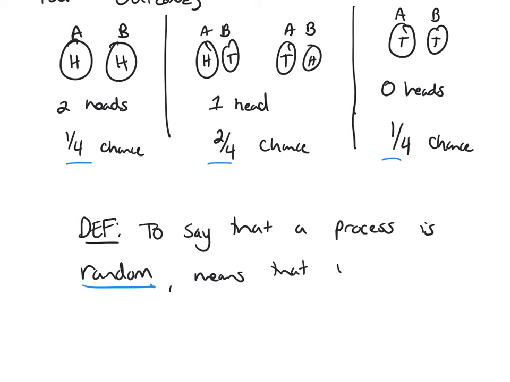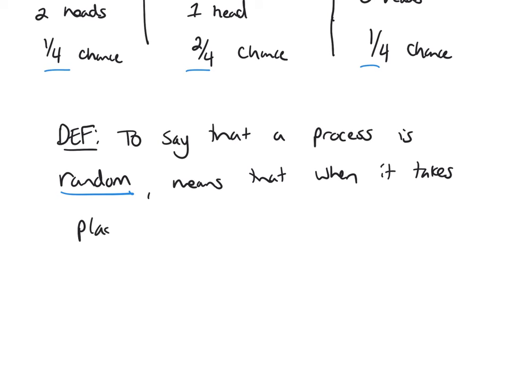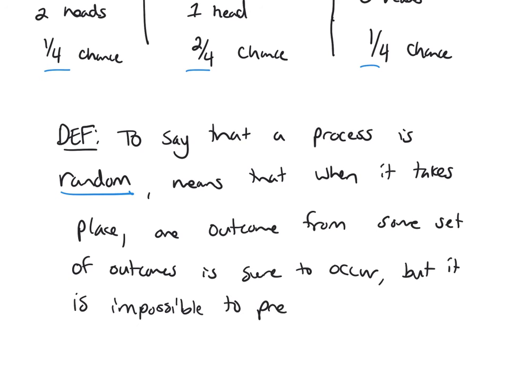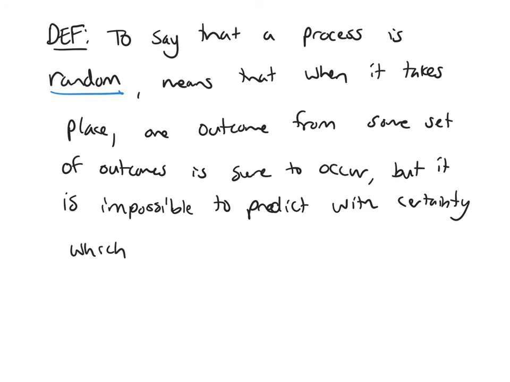It means that when it takes place, one outcome from some set of outcomes is sure to occur, but it is impossible to predict with certainty which outcome that will be.